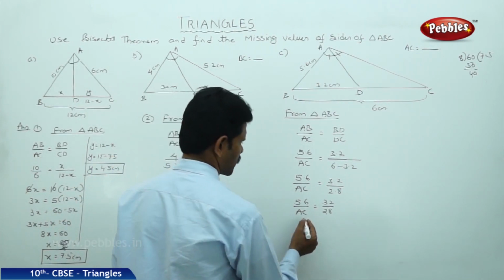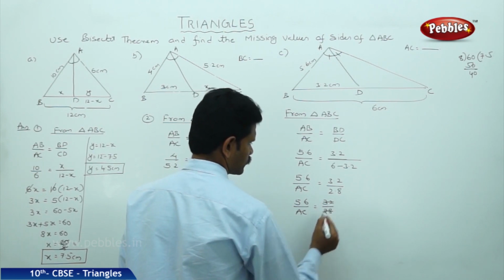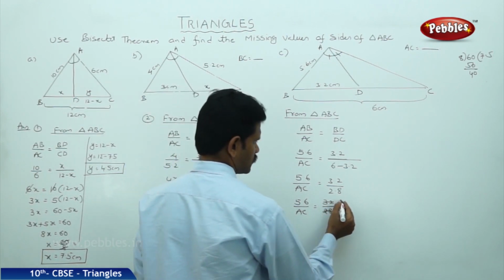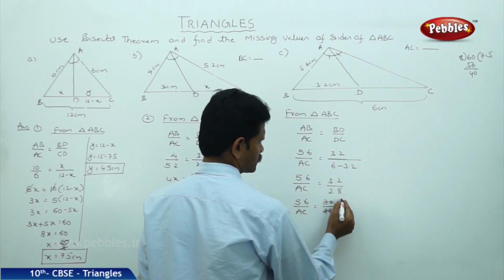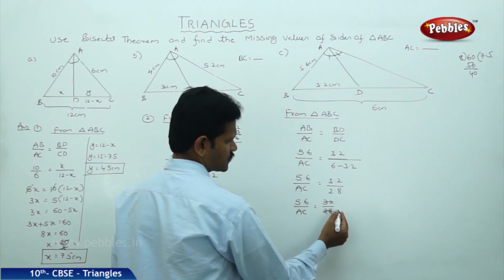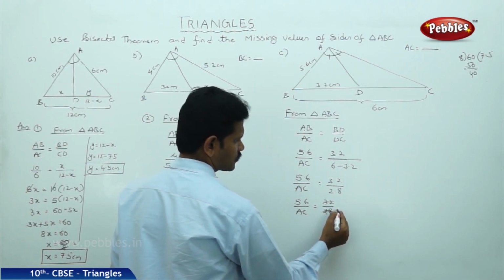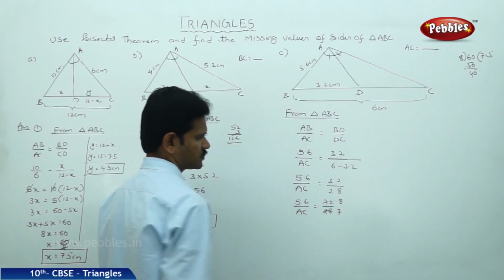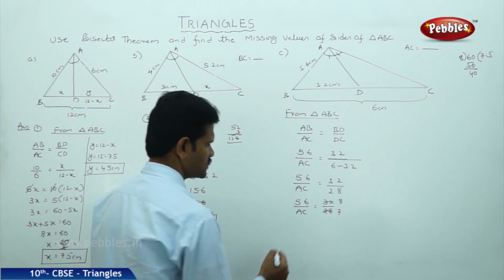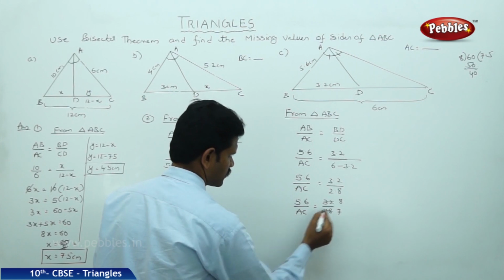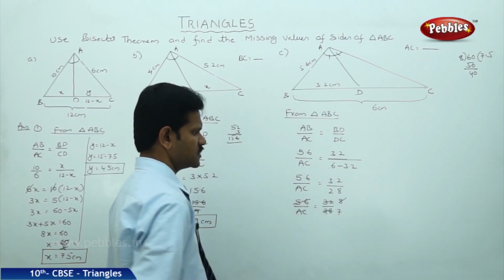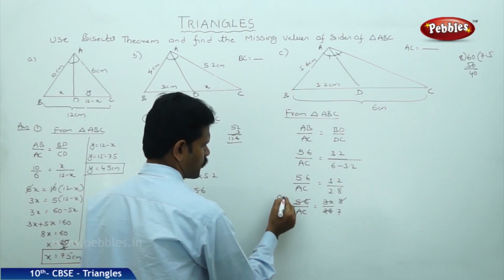Now 4 table, 6 fours are, now 7 fours are, 8 fours are, that is again 8 table, this is 0.7 times.